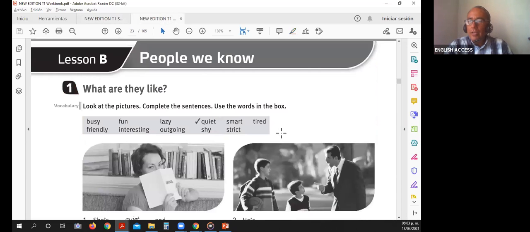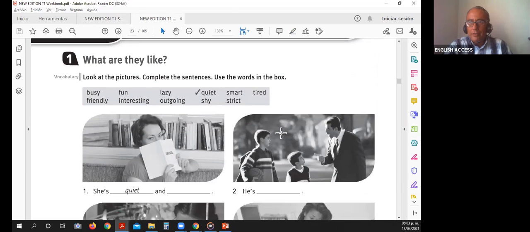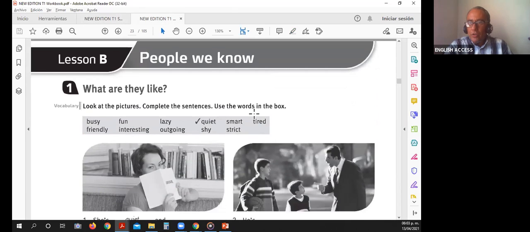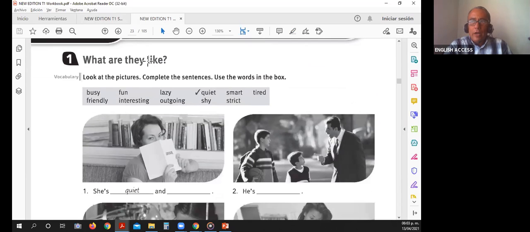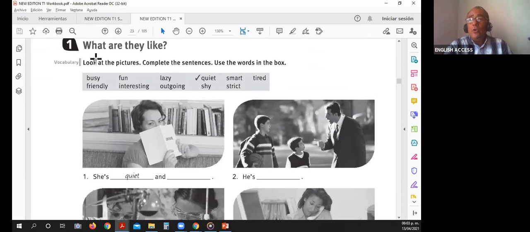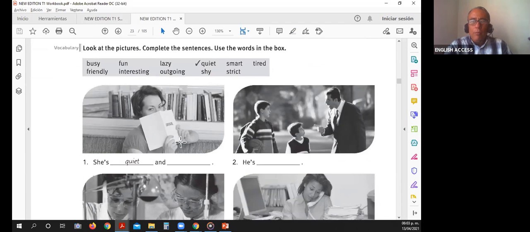And just let me show you what I want you to practice in this page only, people we know. What are they like? You are going to see the pictures and you have to use these adjectives to describe the person in the picture. For example, number 1, we have one answer.